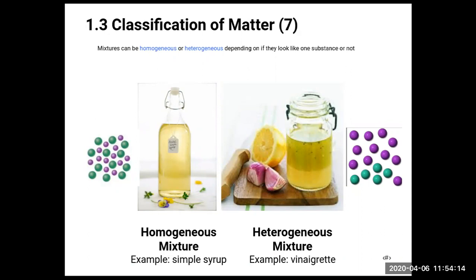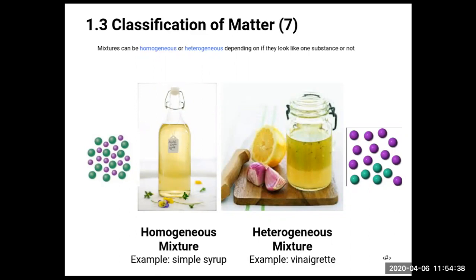On the right side, we have a picture showing a heterogeneous mixture, and vinaigrette here is the example. Vinaigrette is made of vinegar and oil. The vinegar is the layer at the bottom of the jar, and the oil is the layer on top. Why is vinegar on the bottom and oil on top? It's because of their densities.